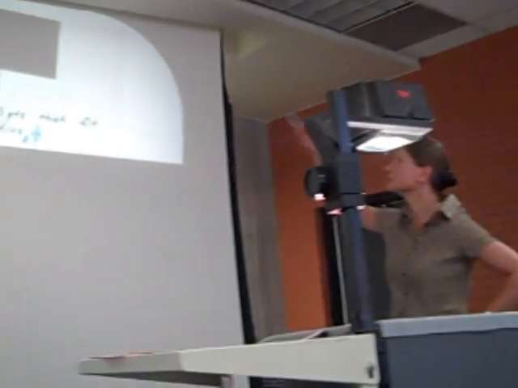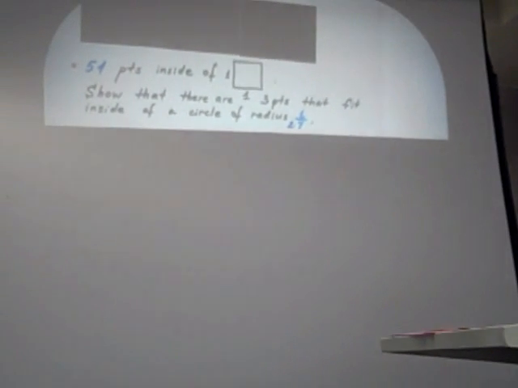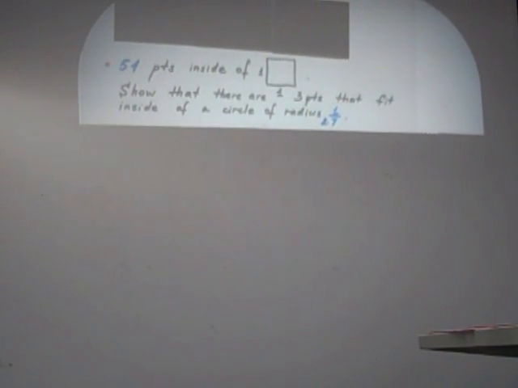You have a square of side 1, and someone throws 51 points inside of the square. Show that there are 3 points that fit inside a circle of some radius. This is a geometric context. You don't even have to mention to them that this is still, by the way, our pigeonhole principle.